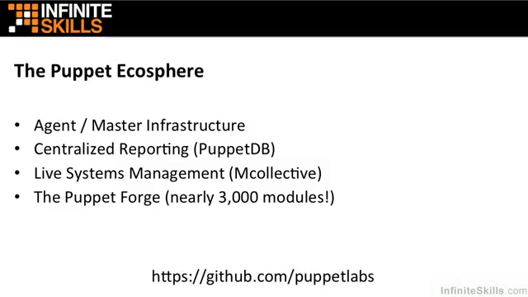I would be remiss without mentioning the very large and very vibrant Puppet community. Puppet was started as an open source project and continues to be open source and encourages others to develop source code that allows Puppet to be extended and used in many different ways.